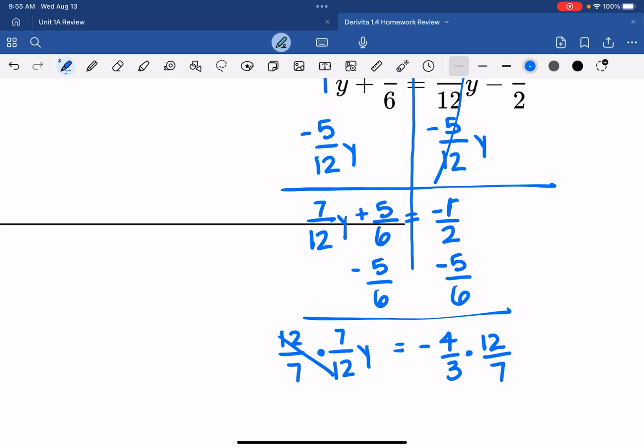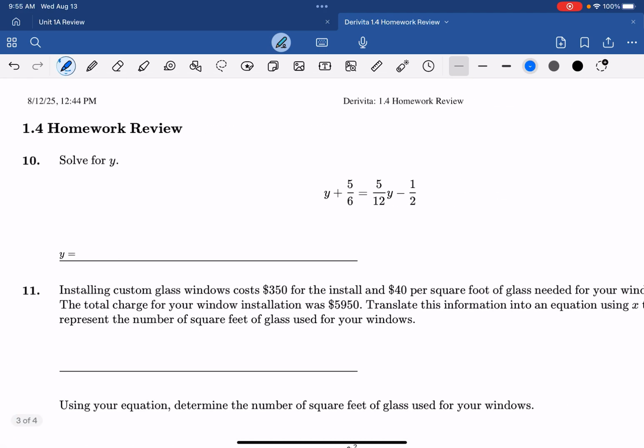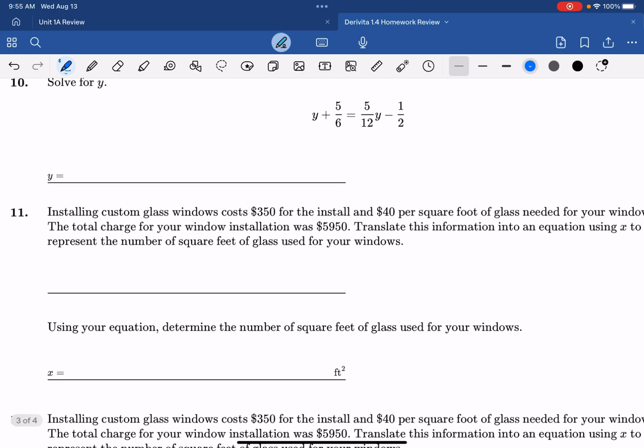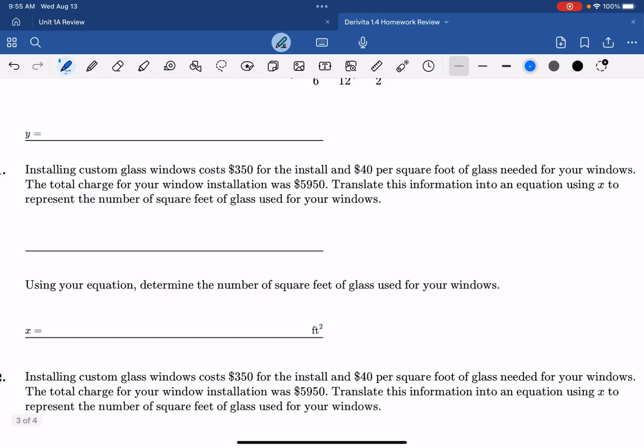And I got negative 16/7. So this is going to be like question number 1 on your related quiz. And then question 11 and 12 are going to be like question number 2 on your related quiz.